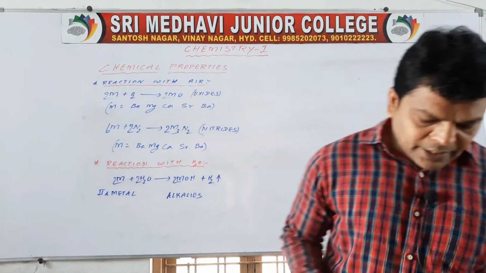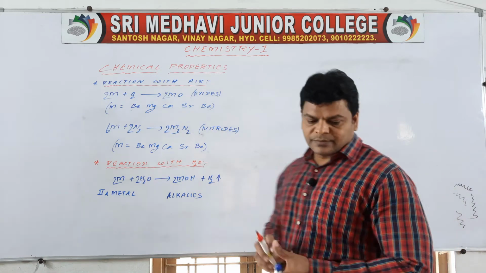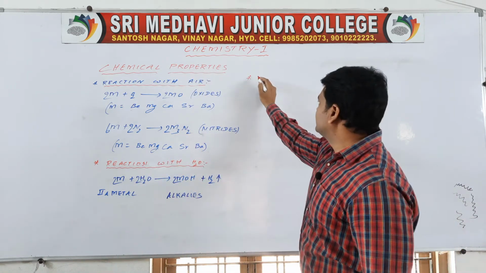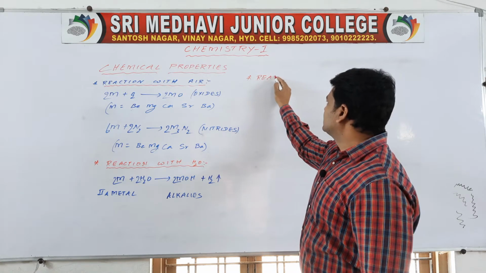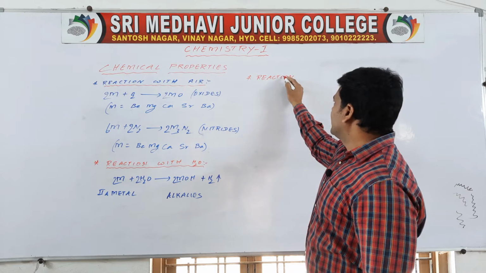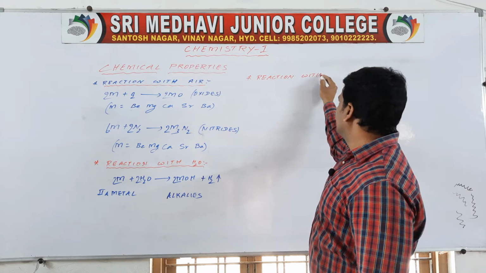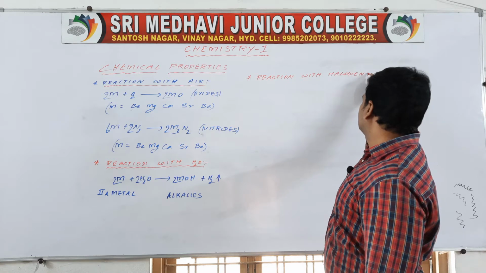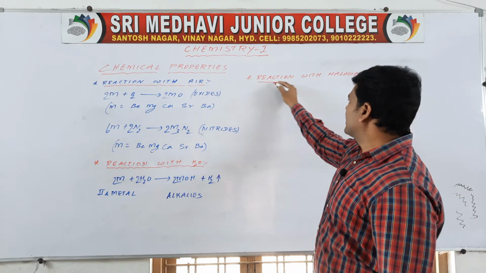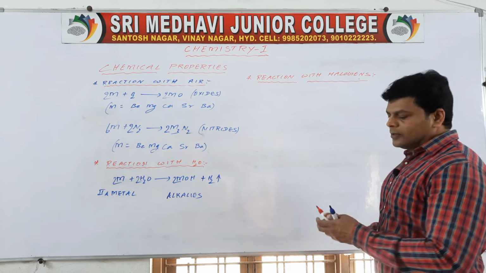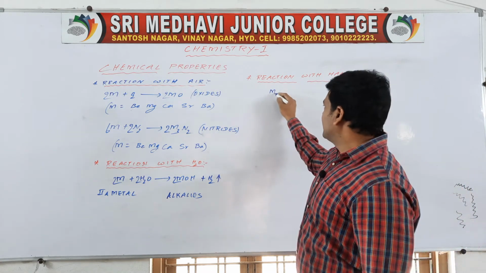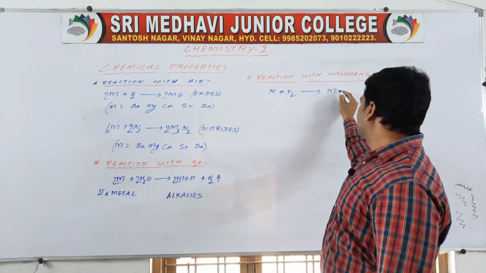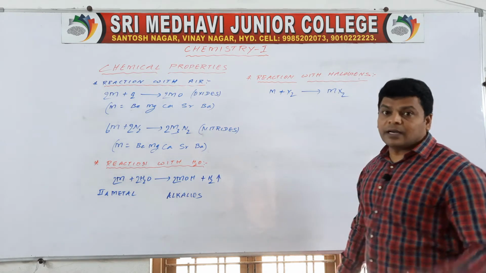Okay, next, reactivity towards halogens. Halogens means M plus X2 gives rise to MX2 type of halides.